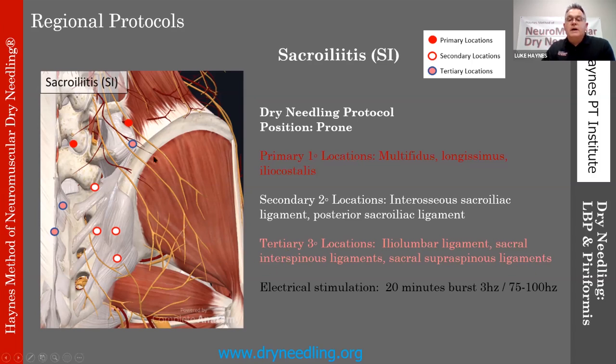In the case of sacroiliitis, if I'm not having any lateralization or radiation in my symptoms, then I'm not going to move out into the gluteals. But my secondary location would be to dry needle into the interosseous sacroiliac ligament and the posterior sacroiliac ligaments.